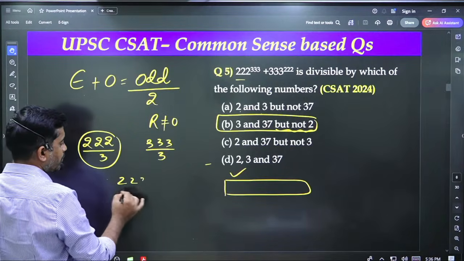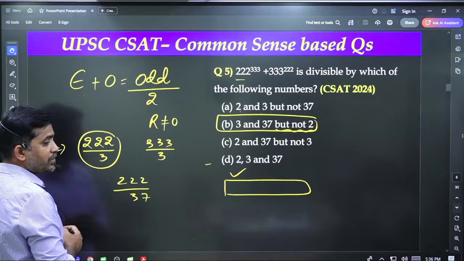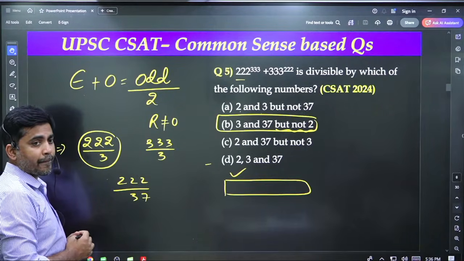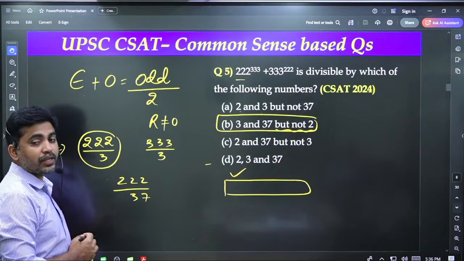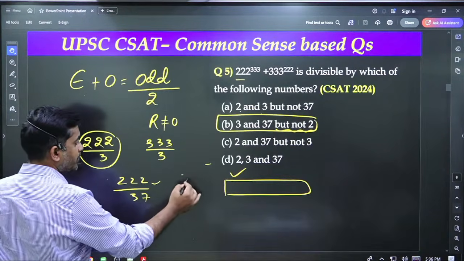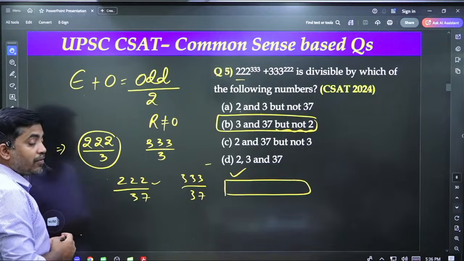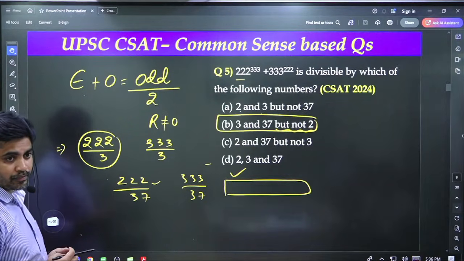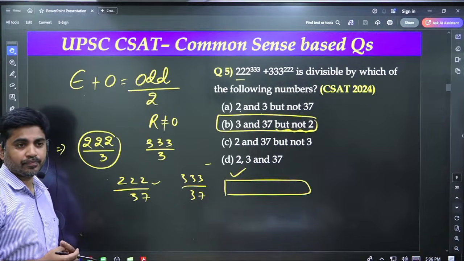222, will it be divided by 37? 37 6 are 222. Very good. It is divided. 333 divided by 37, what is the remainder? 37 9s are 333.